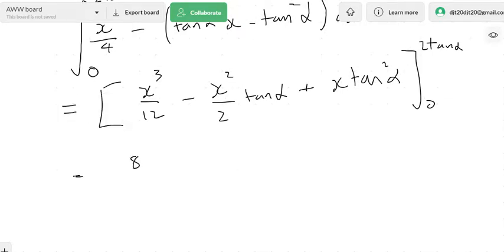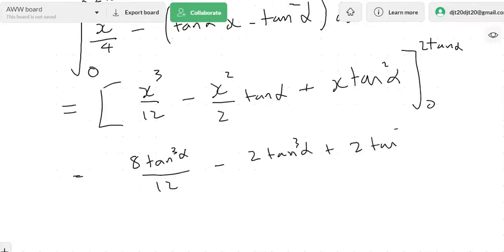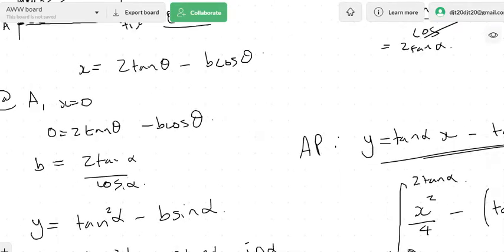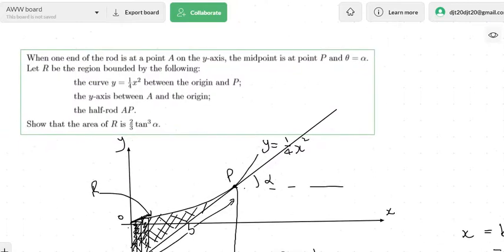So this is 8 tan cubed alpha over 12 minus 2 tan cubed alpha plus 2 tan cubed alpha. Those two obviously cancel, and dividing the top and bottom by 4 leaves us with 2 over 3 tan cubed alpha. Hopefully that is the correct answer. Yes, it is.